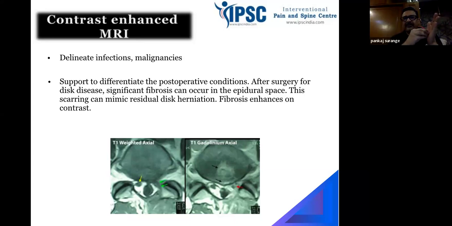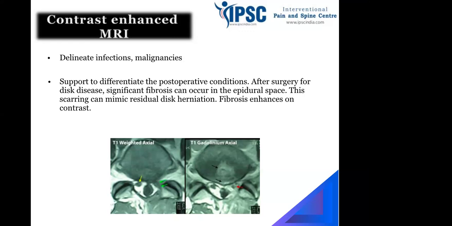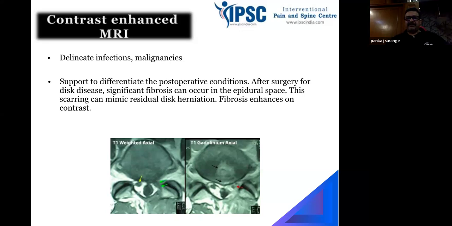Whether it is metastasis, infection, or fracture, you'll have some inflammatory component there. So what happens in the night? Engorgement of the vessels will start within the vertebral body, and that will stretch the periosteum, and that causes the pain. Understood?